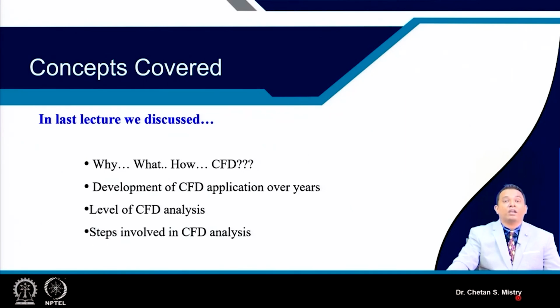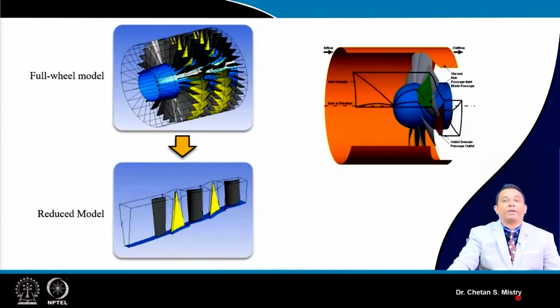Then we look for solvers, which use our fundamental equations, mass, momentum and energy equations. After this analysis, we look for post processing. From today we will start discussing how exactly we will move through these steps. The very first step is to discretize the domain. Let's see what that means.